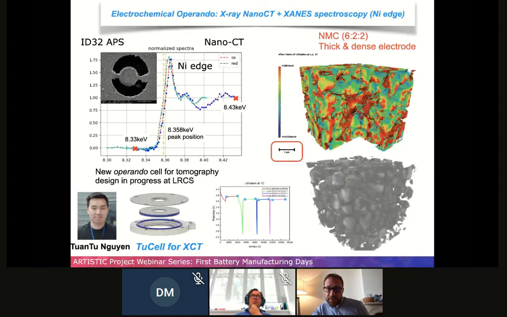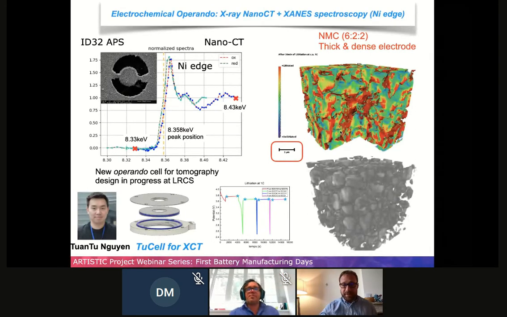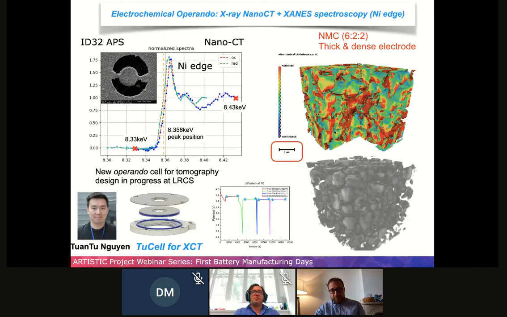This is a 3D representation of the thick and dense electrode, NMC 622. And the red part is the part where you have lithium, and the blue and green part is where the lithium is absent. So take a look at the scale bar here. So you have huge details because we are in a nano-CT mode, and this information can be correlated with the position of the CBD.